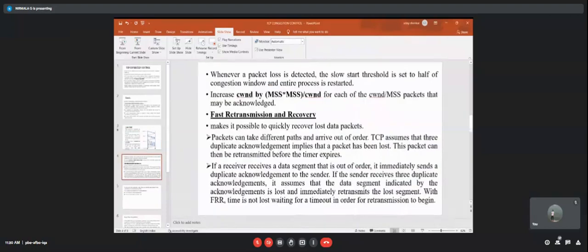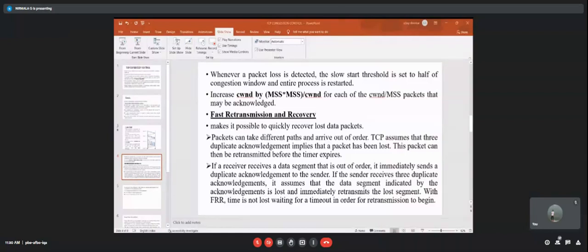Whenever there is congestion, the slow start threshold is set to half of the congestion window, and the entire process is restarted. It means that the slow start mechanism makes the congestion window grow exponentially.